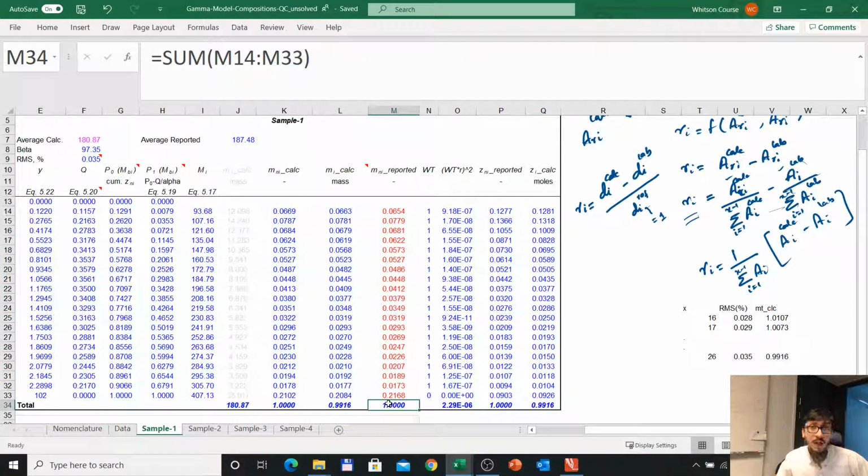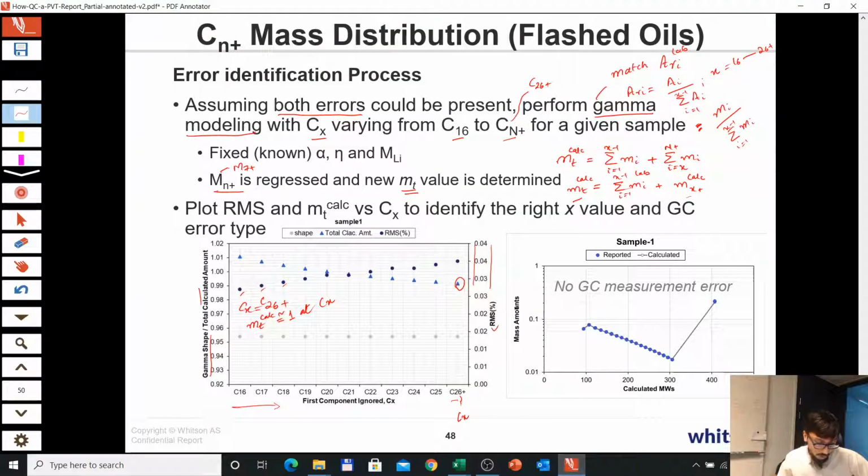So the lab reported total mass is 1. If the calculated mass is also 1, this suggests that there is no error in the total mass. And we know that the error in the total mass comes from the internal standard. So this is equal to the lab value, which suggests that there is no internal standard error.